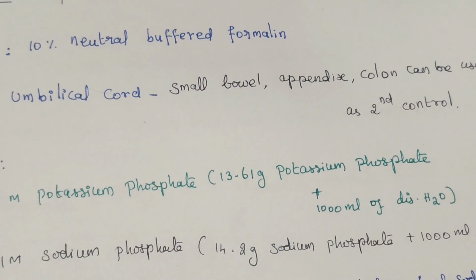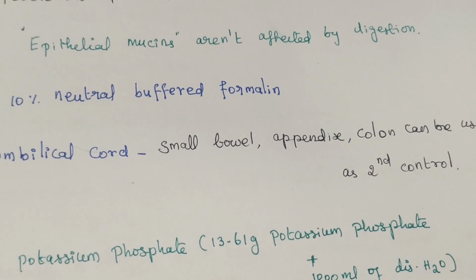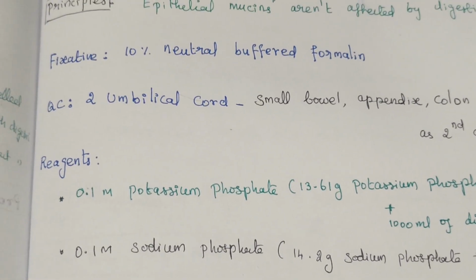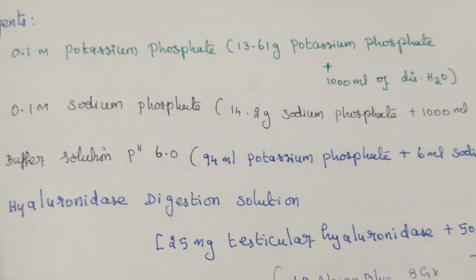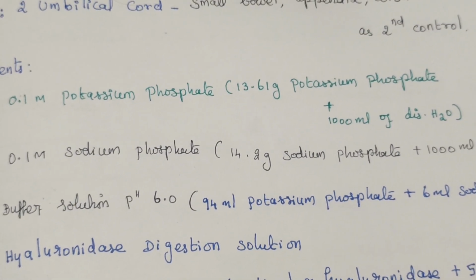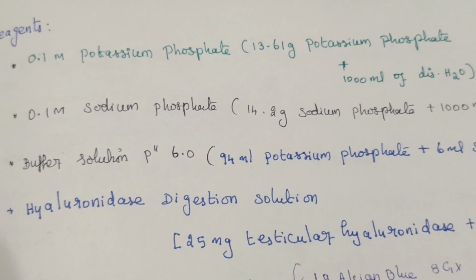Then here we use two slides. One slide should be labeled with digestion, the other without digestion. The reagents here: 0.1 molar potassium phosphate, containing 13.61 gram potassium phosphate in 1000 ml of distilled water.